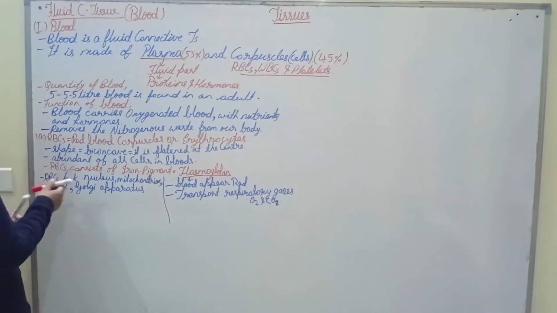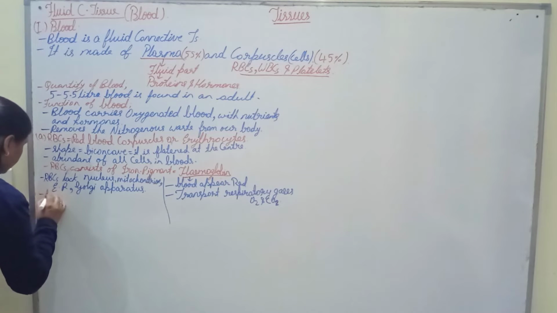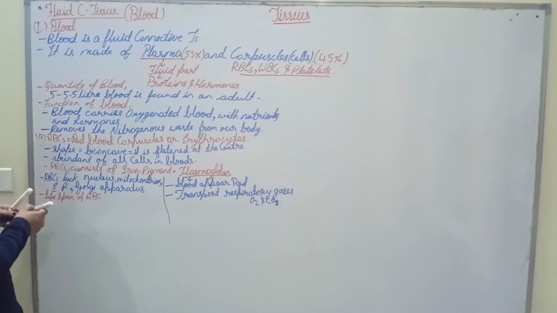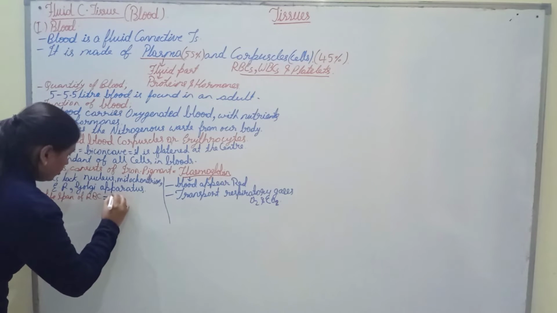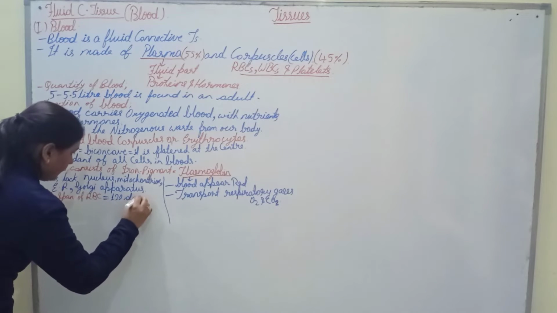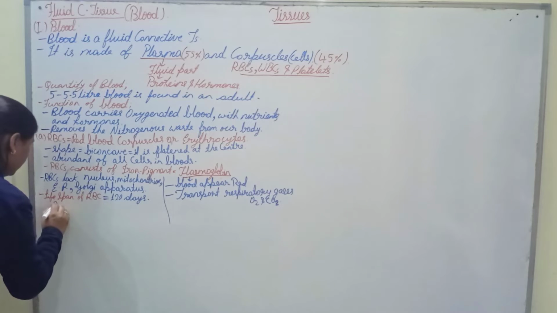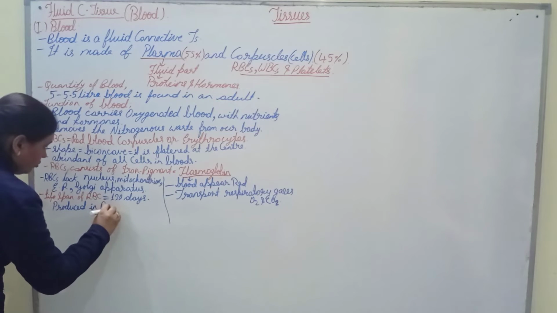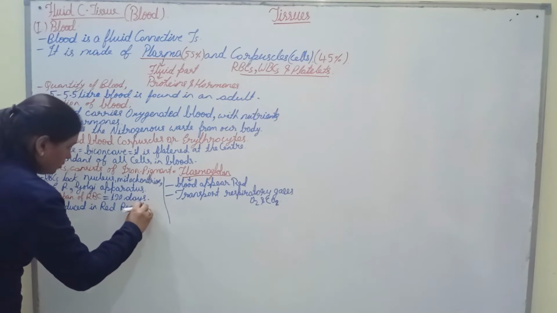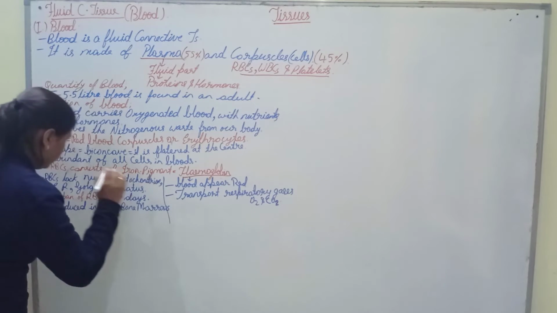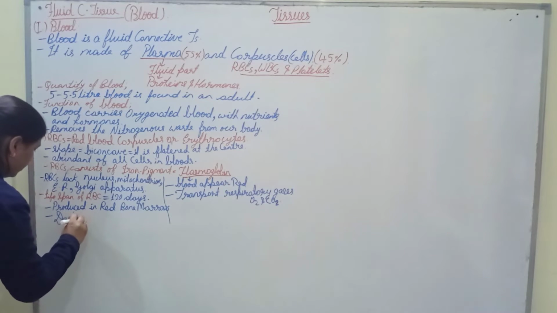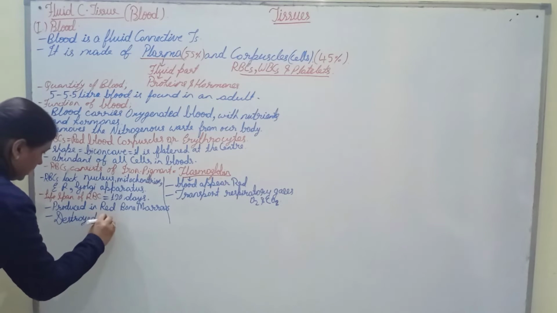Now the lifespan of RBC. It remains alive for approximately 120 days, and these are produced in red bone marrow, and they are destroyed in liver and spleen.